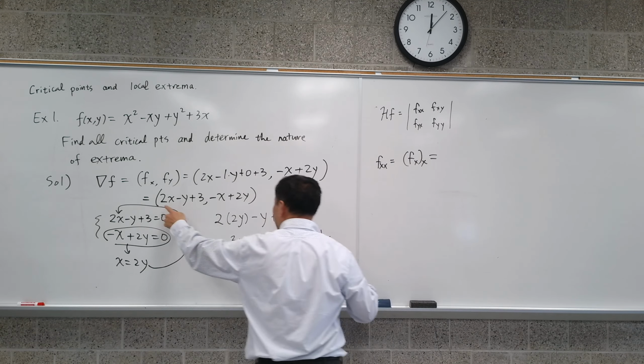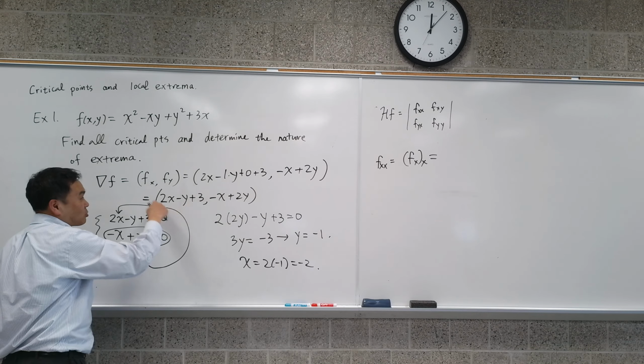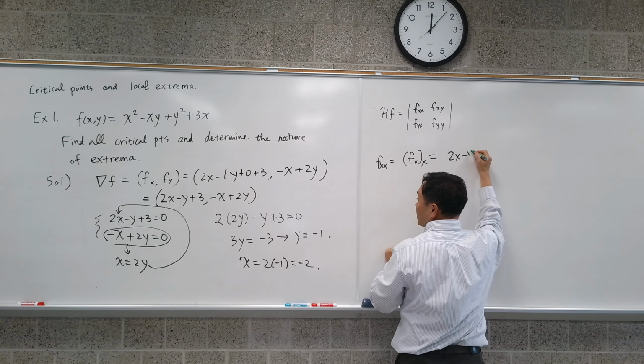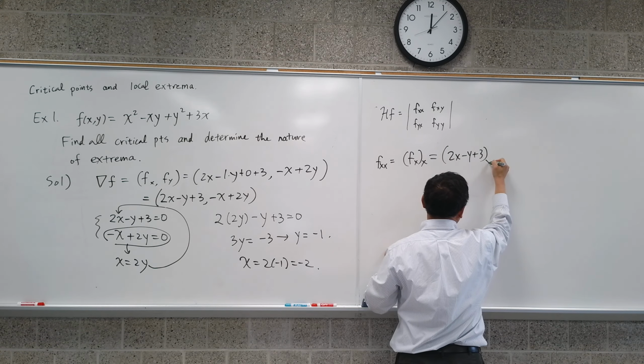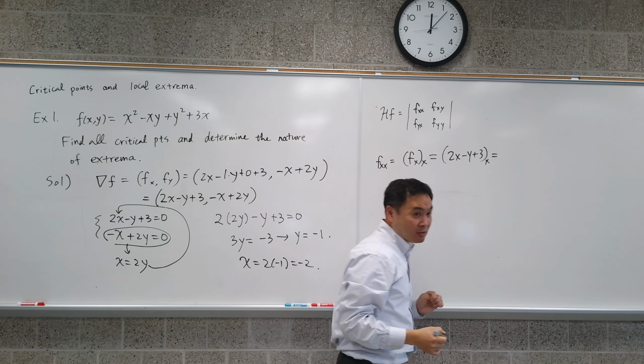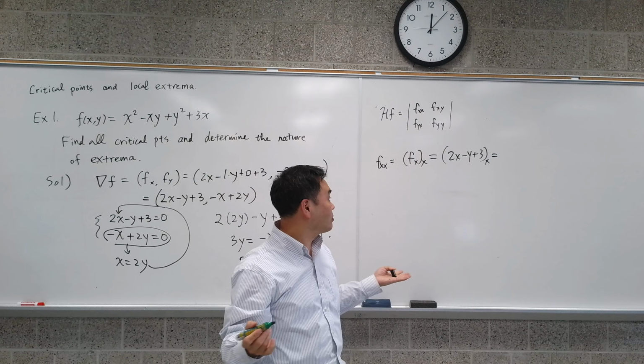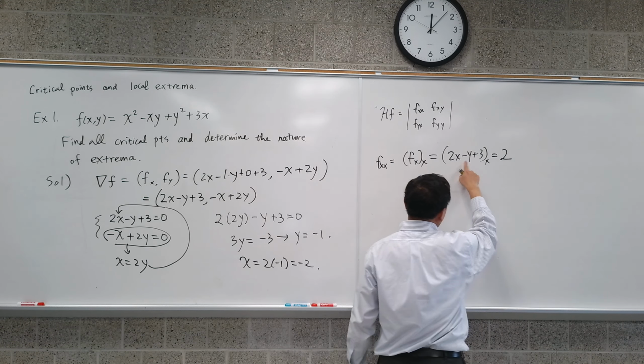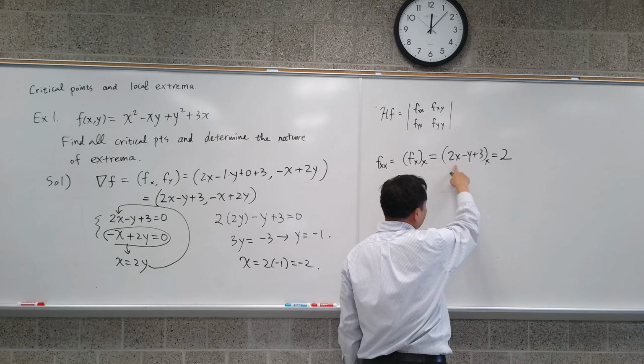So this is already f differentiated by x once, right? So we take 2x minus y plus 3 and differentiate it again by x. What does that give us? Just 2, right? The other ones are constant, so if you differentiate by x, it's 2.